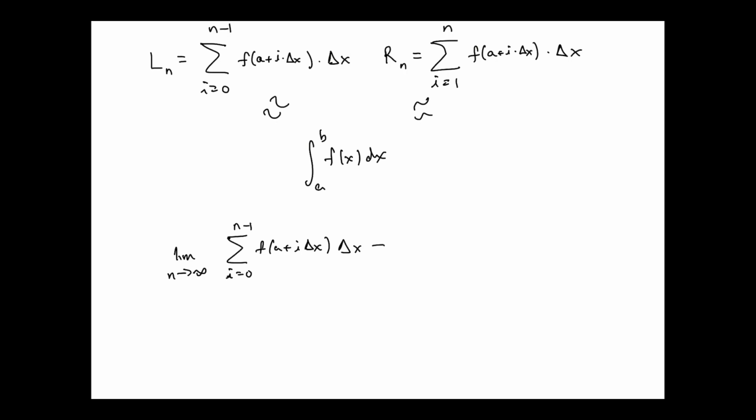So what I'm going to say here is that this limit, or the limit of the right-hand version, either one, is going to equal this. If I take either my right-handed or left-handed Riemann sums and take the limit as the number of rectangles goes off to infinity, then I have defined the definite integral.